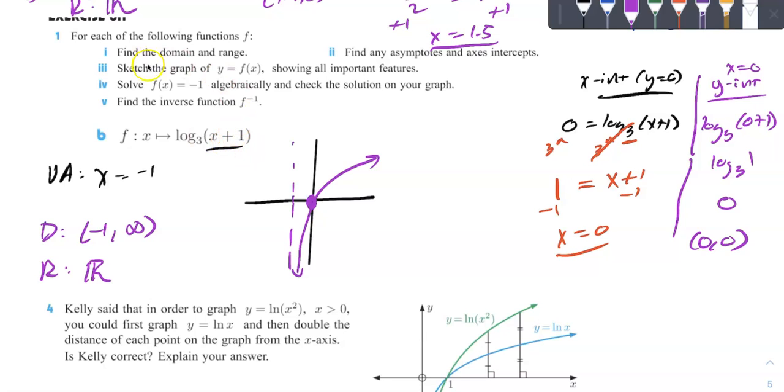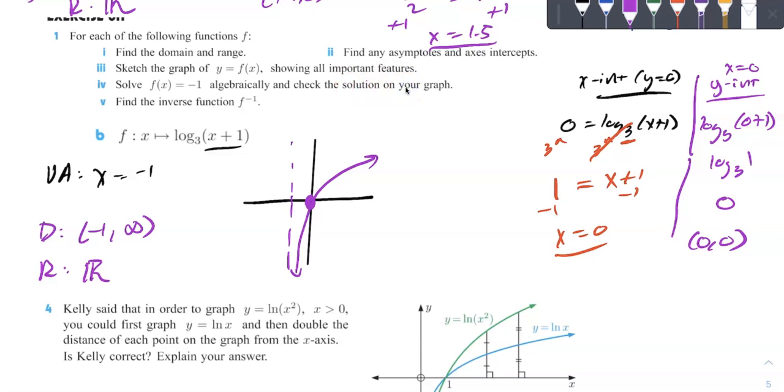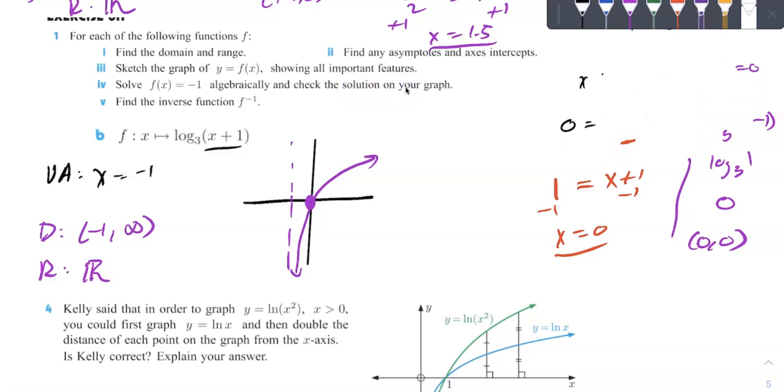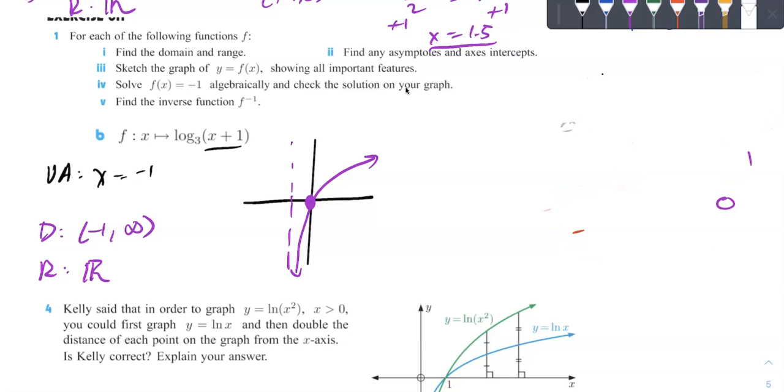So there you go. Solve f of x equals -1 algebraically and check your solutions to your graph. Okay, so let's erase this. I don't need this anymore. So they want to set our function equal to -1, and they want us to solve it. So remember the way you solve a log function, you take the base of both sides.